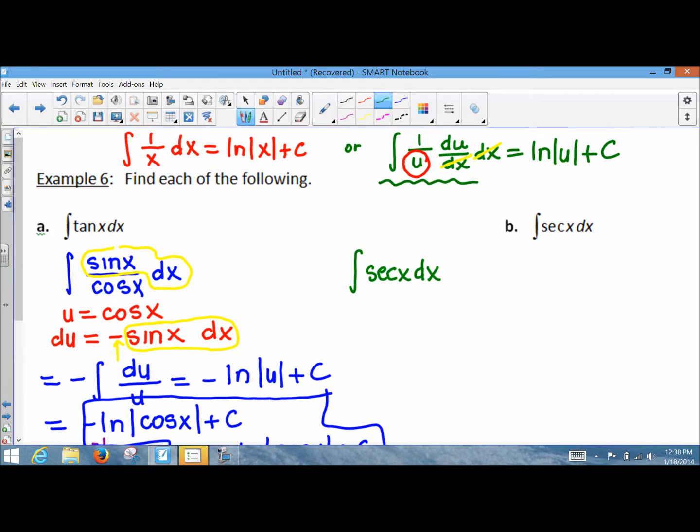So instead, we're going to do one of those things that sometimes happens in math classes, and that's pulling a trick just right out of the air, and we're going to multiply the secant of x by something very special. Secant of x plus tangent of x over itself.